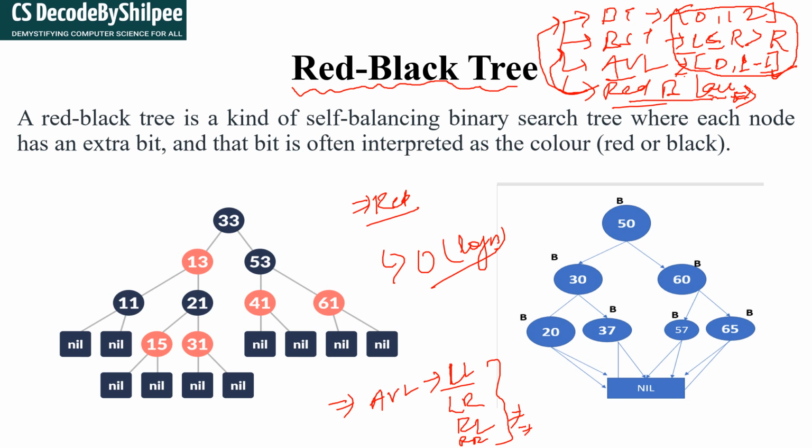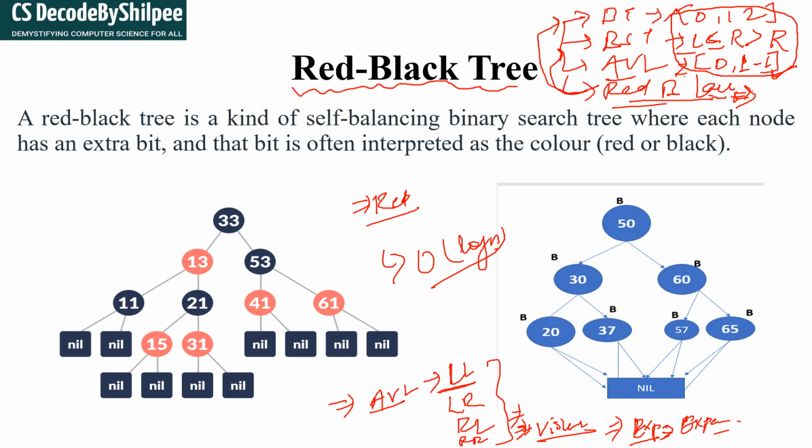If it is a large amount of data and you use an AVL tree for insertion and deletion, whenever a violation occurs you have to perform many rotations, and that is expensive, because every rotation takes some time. So insertion and deletion take more rotations, and because of that it is expensive.